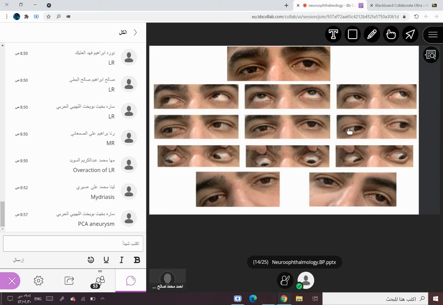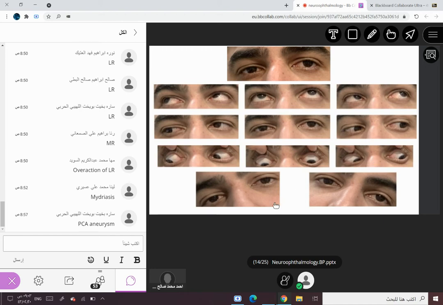We ask the patient to look to the left side, and it's almost okay. We ask the patient to look up and right. There is overshooting here. We ask the patient to look down and right, down and left.